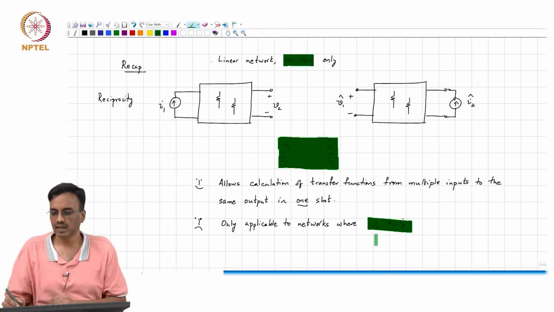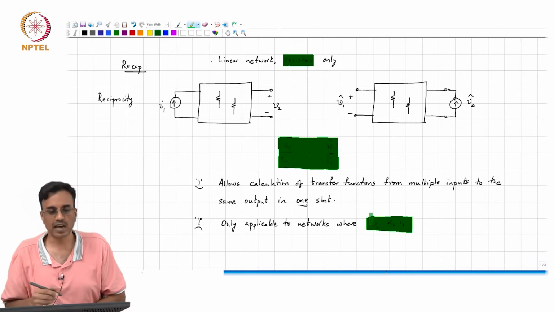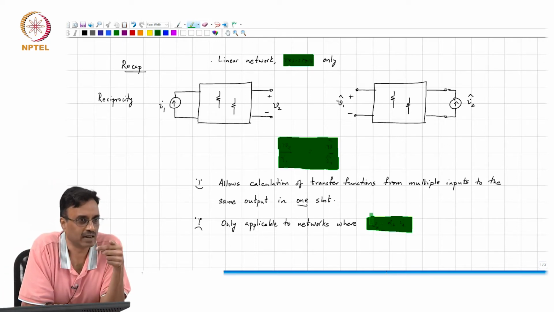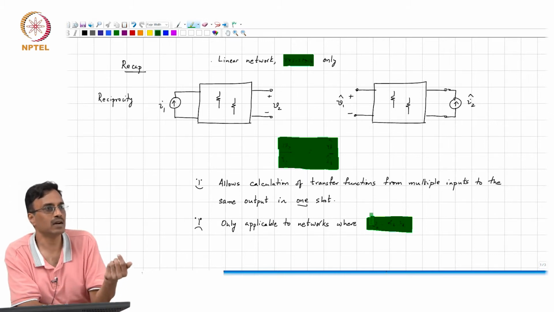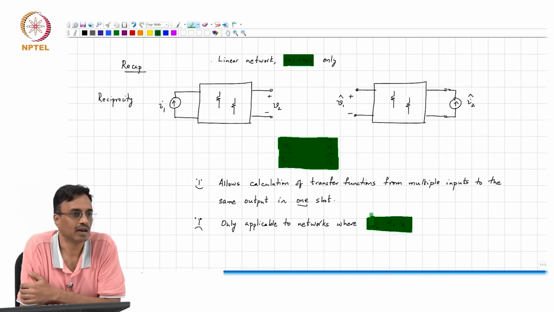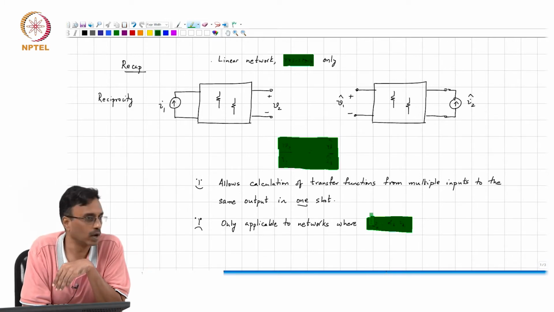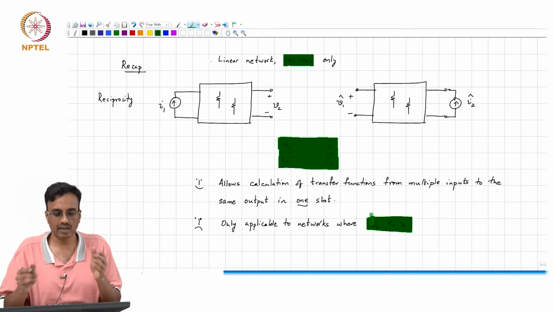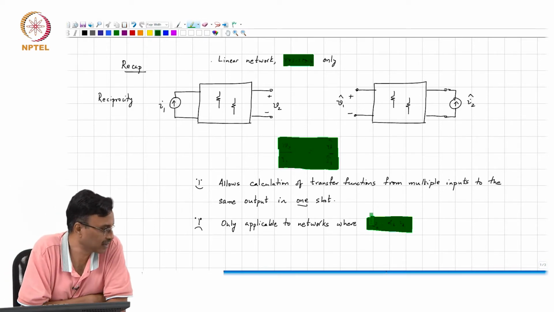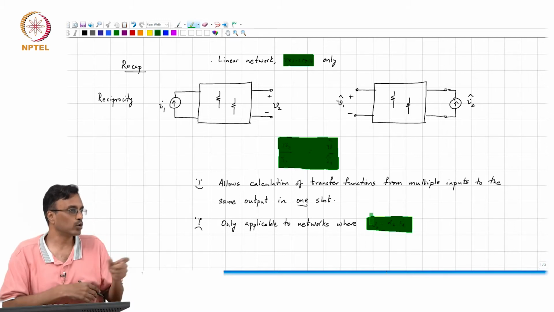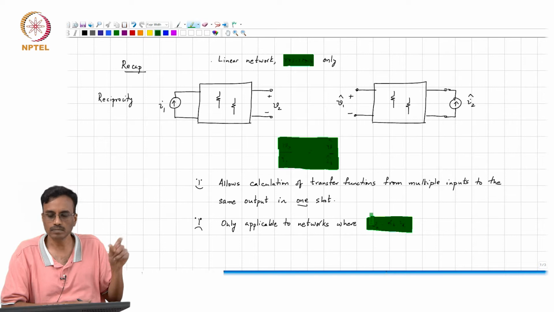Clearly there, every branch voltage cannot be expressed as a linear function of its branch current, because the branch voltage could depend on the voltage across some other branch if it is a voltage controlled voltage source, and so on. So this is a seemingly useful idea, but unfortunately its applicability seems limited in practice, simply because we do not deal all the time with networks where every branch voltage is related to its branch current.